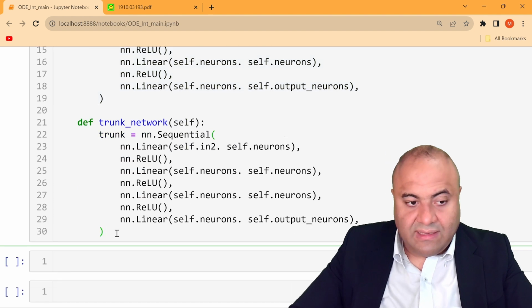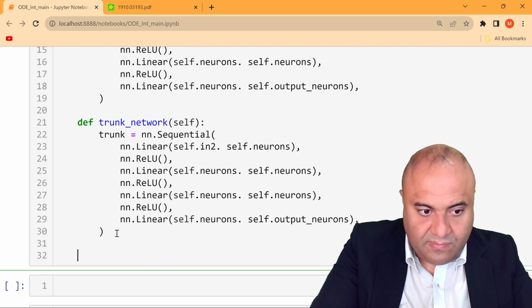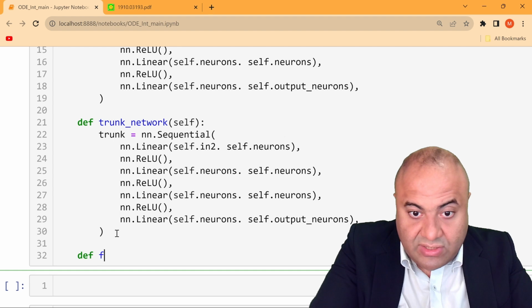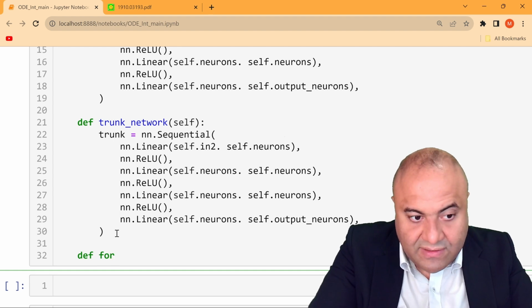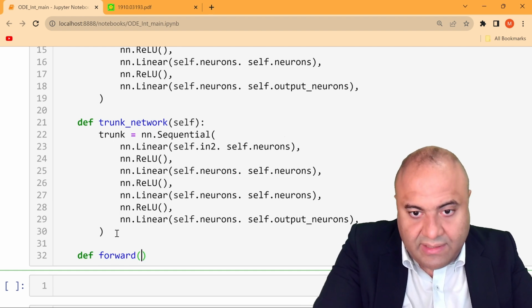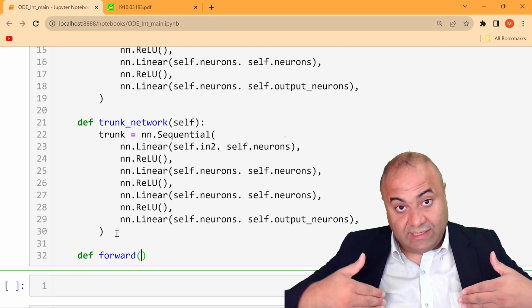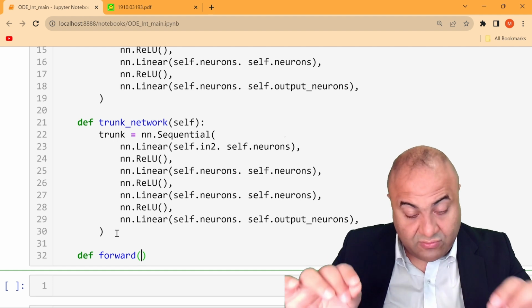And what else do we need to do? We need to do one more thing, another function, which is basically the main function in PyTorch, the forward, where we actually apply the network itself. We have to write it.